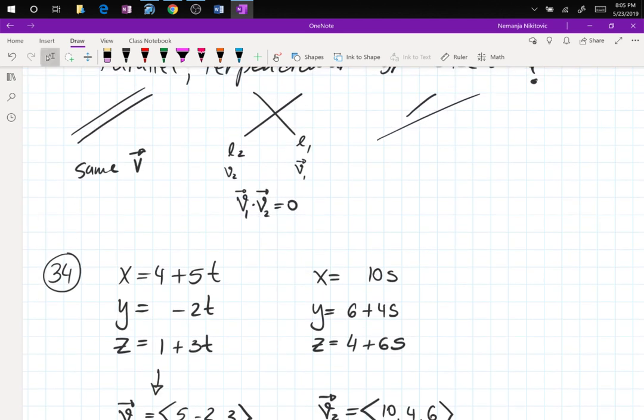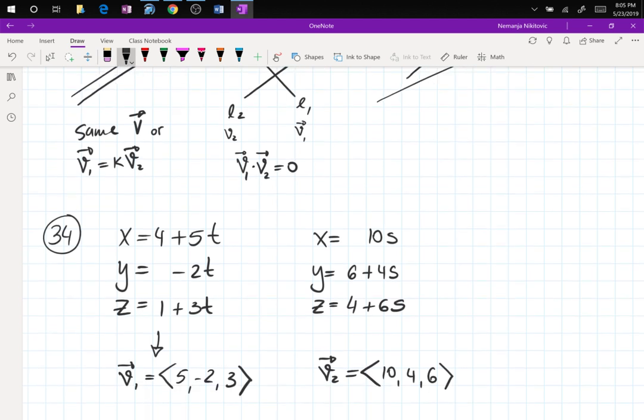Maybe I should say V1 is equal to some constant k times V2, right? Scalar multiple, because if I have a vector with a magnitude of half and a vector of magnitude 1, they're still having the same direction, right?